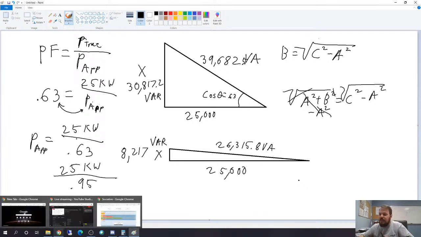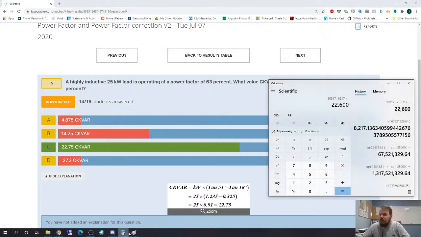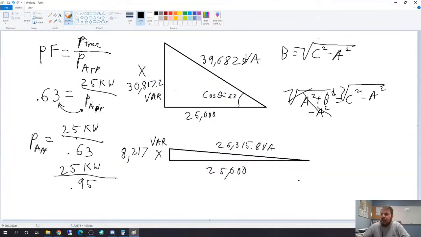They definitely did it the quickest. If you were an expert with trigonometry, this would have been the easiest way to do it. I think what I showed is an easier way for you guys to do it with the formulas you've already been given, which is find what the sides are, find your vars, and subtract the vars that you have from the vars that you want to be.